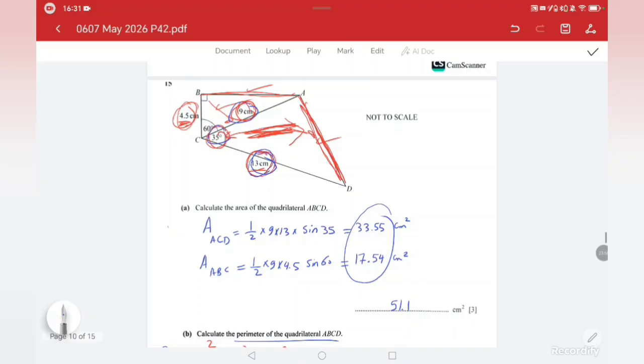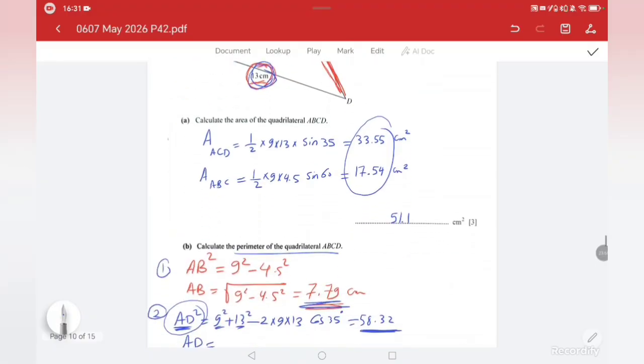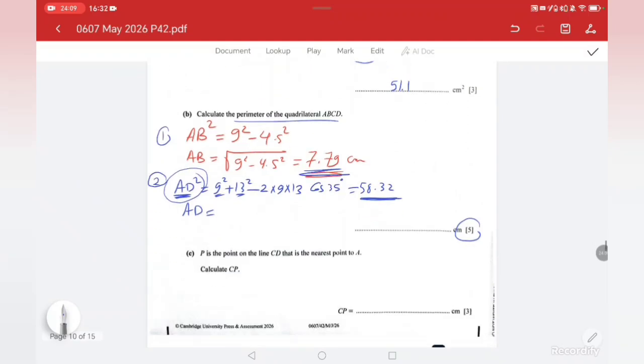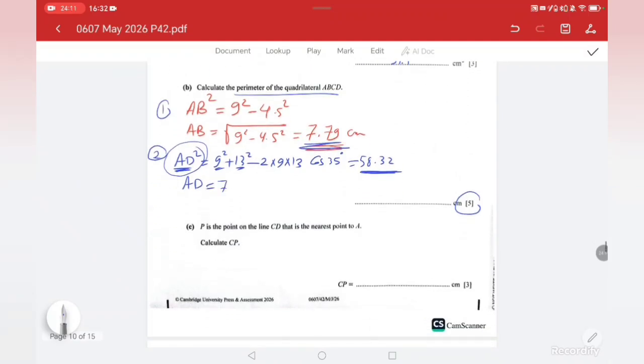This one 13, this one 9, and this one, for example, 58, doesn't make sense. So it means you forgot to take the square root. So it will be 7.64 centimeters.